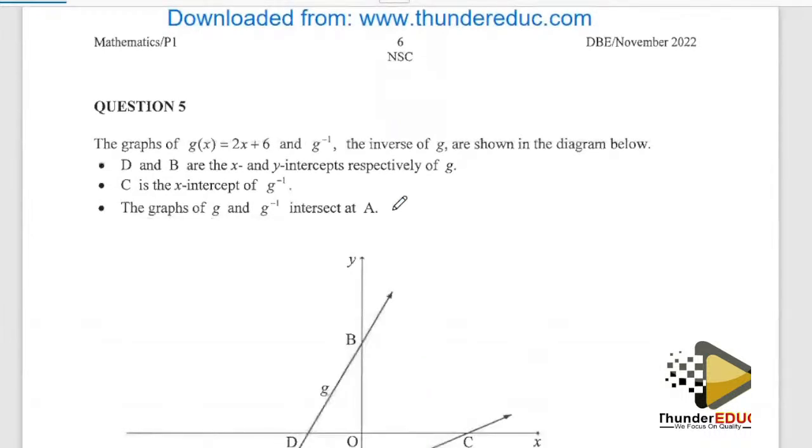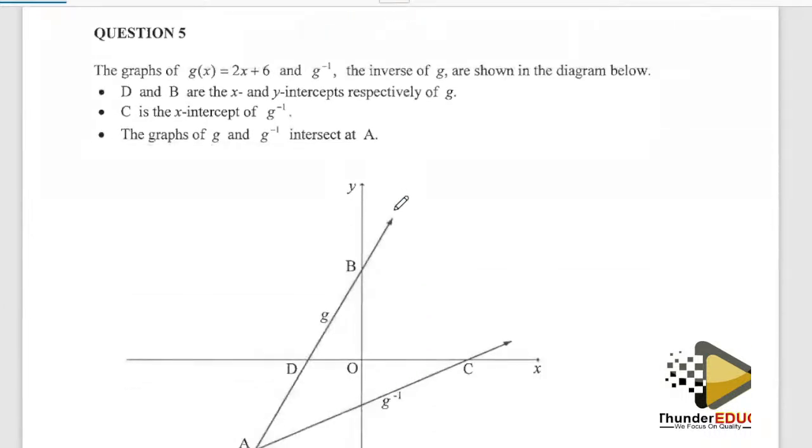Then question number 5, we still have functions, the graphs of g of x. These are straight lines, and its inverse as shown in the diagram. They're telling us D and B are the x and the y intercepts of g respectively.